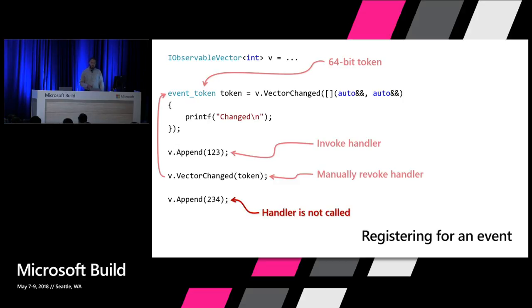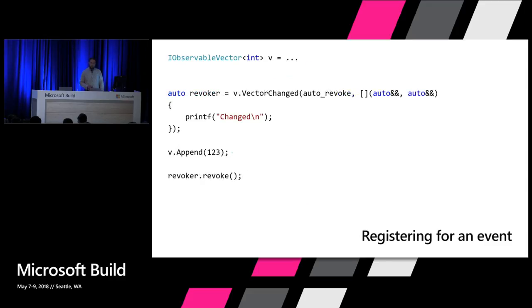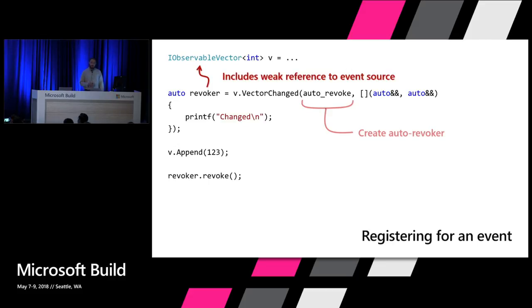But we have one final tip here for you regarding events, which is to use the auto-revoke keyword. The idea here is that this tells the projection to create an auto-revoker. The revoker itself, the object that is returned, is no longer simply that 64-bit value, but is instead an object that holds a weak reference to the event source. So the IObservableVector is held with a weak reference so that if the vector itself goes out of scope, the handler will automatically deal with that.